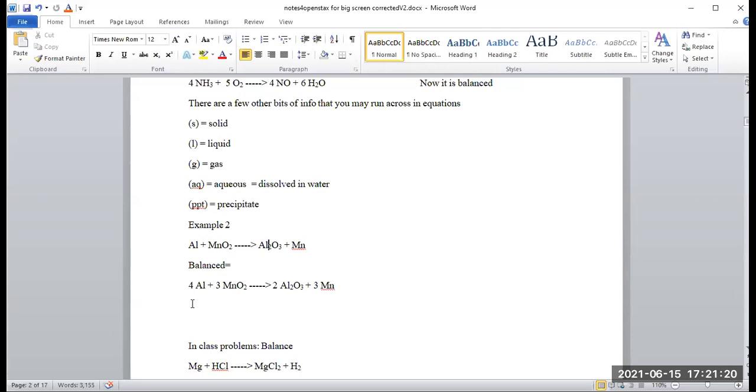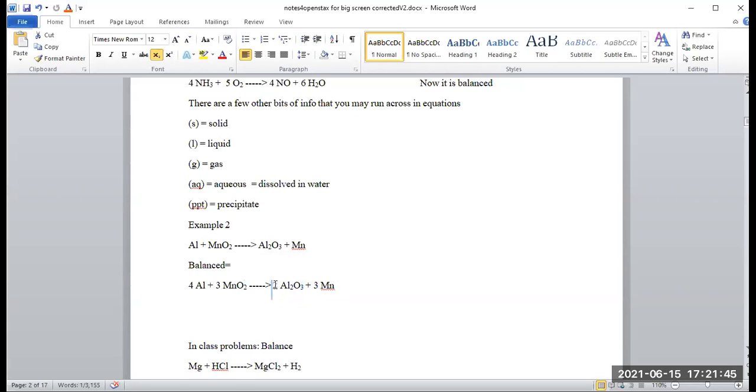So in order to get my 6 oxygens, I'm going to have this 3 here. I'm going to multiply it by this little 2, okay, and that will give me 6 oxygens on that side. And then the big 2 multiplied by the little 3 will give me 6 oxygens on that side. And then I've got to go back and fiddle the rest of it.